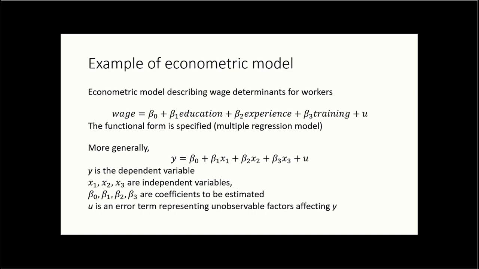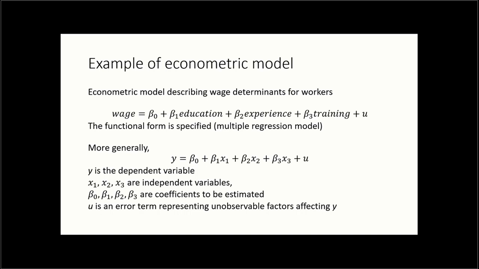So here is a specific type of econometric model where we know the functional form. And this one is basically a linear regression. So here we have wage equals beta 0 plus beta 1 times education plus beta 2 times experience plus beta 3 times training plus u.